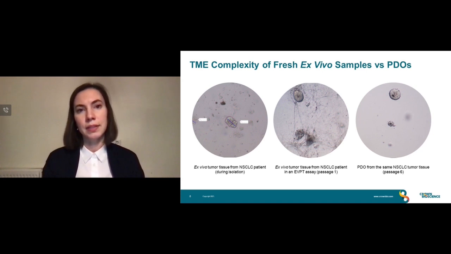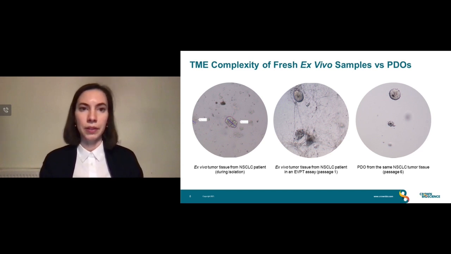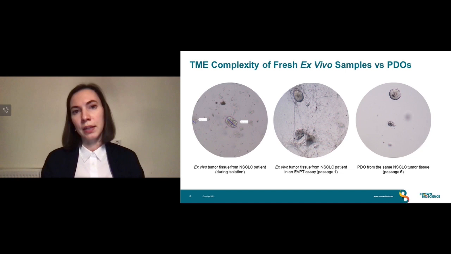Then when the tissue is seeded in a 3D environment and we run our assay, you can see a very complex biology present, with the tumor clusters, fibroblast-like cells, and immune cells around them. However, if we passage this tissue a couple of times, even in 3D, we observe that this complexity of the tumor microenvironment disappears, and at some point we only have tumor clusters present.